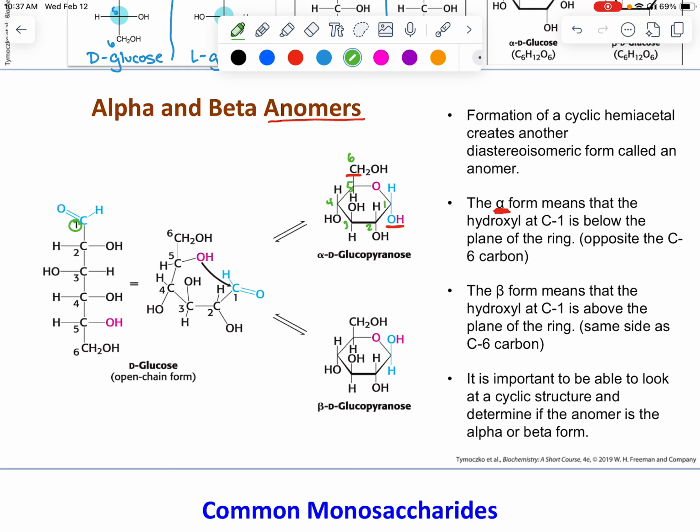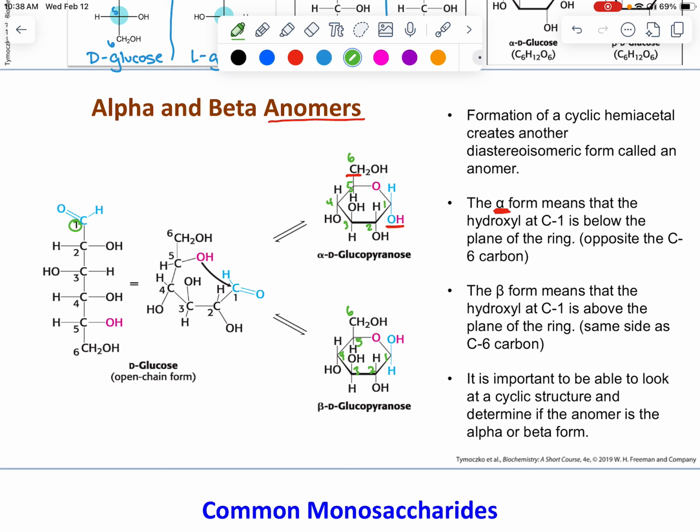I often find it easy to think about it as I'm numbering it. I know carbon 5 was the one that had the oxygen that's now part of the ring, and that carbon has hanging off the side of the ring the CH2OH group. So this must be carbon 5. You can number it that way too and go backwards: 5, that was 6, 4, 3, 2, 1.